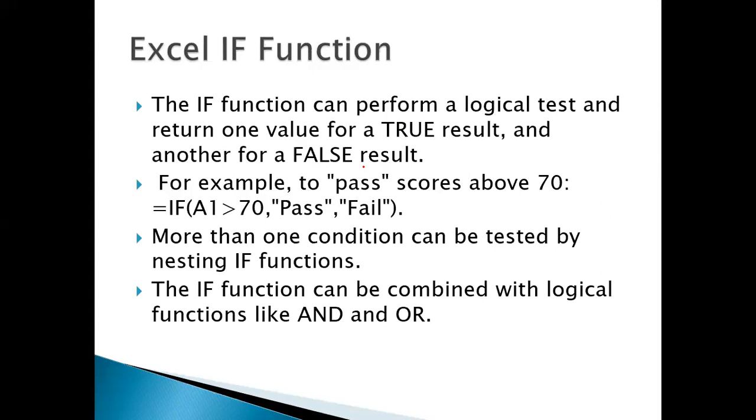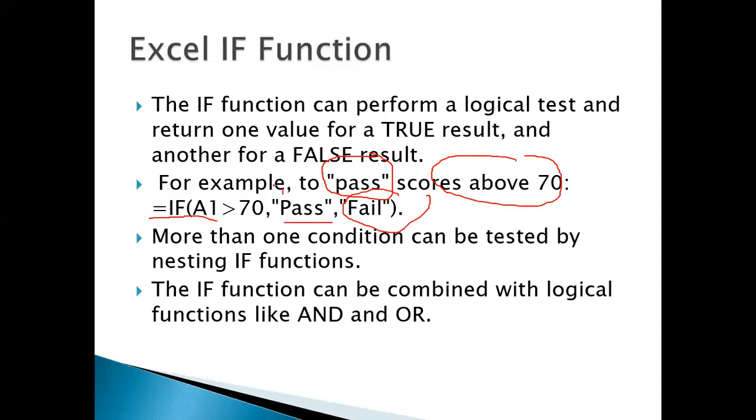Suppose if someone scores above 70, then the result should be pass, otherwise it should give you fail. So this kind of condition, how to give? So equals to if, this value is greater than 70, then you will say this is pass.